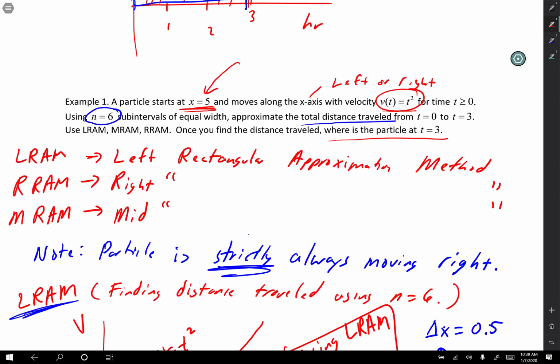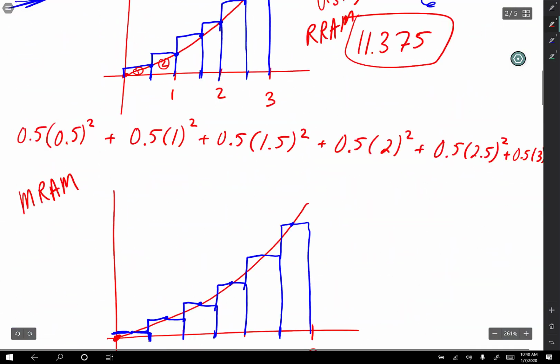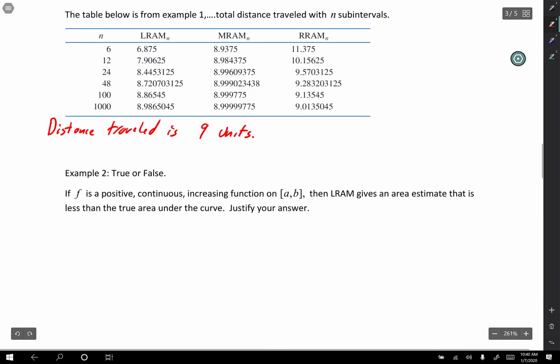It says right here, a particle starts at x equals 5. So you're going to write this: the particle at t equals 3 seconds is at x equals, what do we say? 14. 14, period.